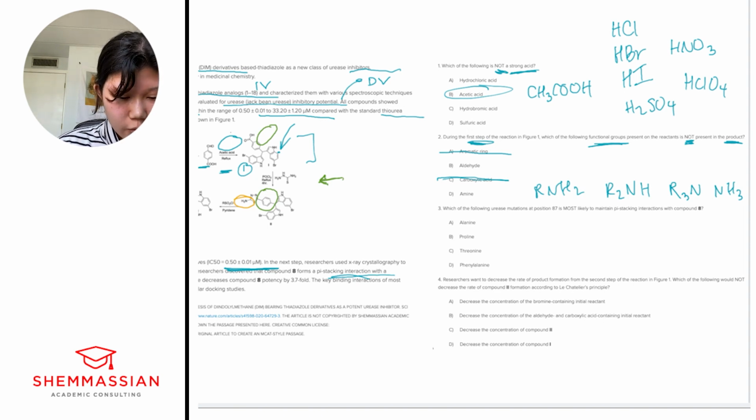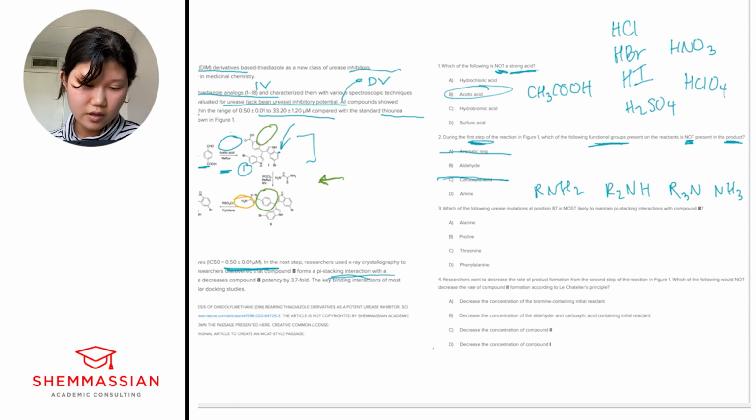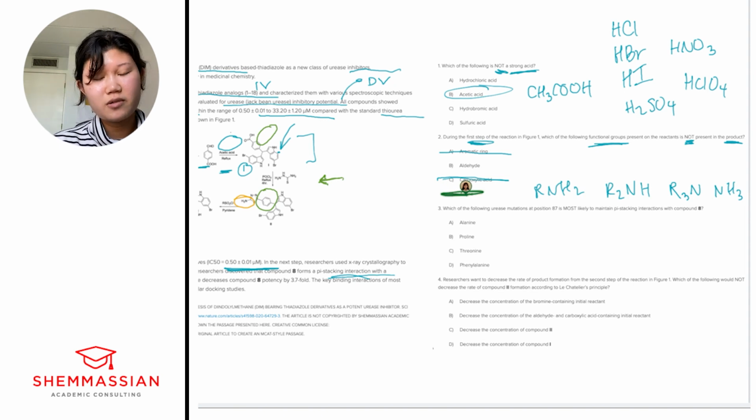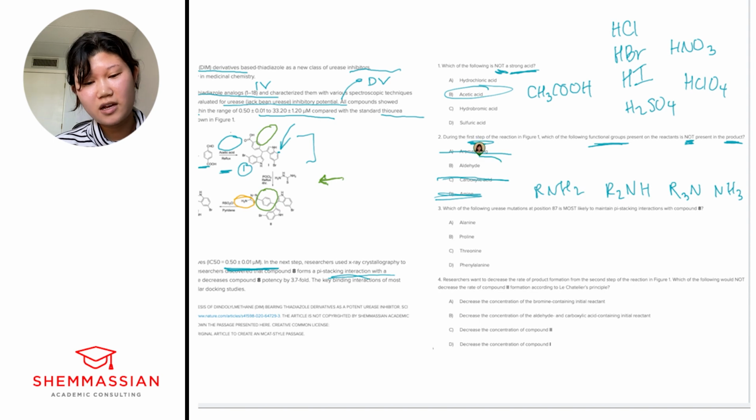In the reactant, we have an amine group here. And then in the product, we have an amine group here. And then these were from the 2 molecules that were there. So we do have an amine group, so we can cross that out. And so we confirm that the aldehyde is not there and is therefore the correct answer.